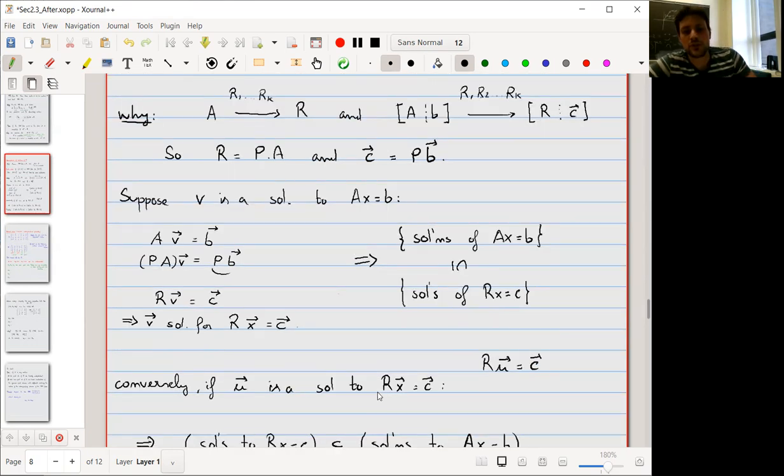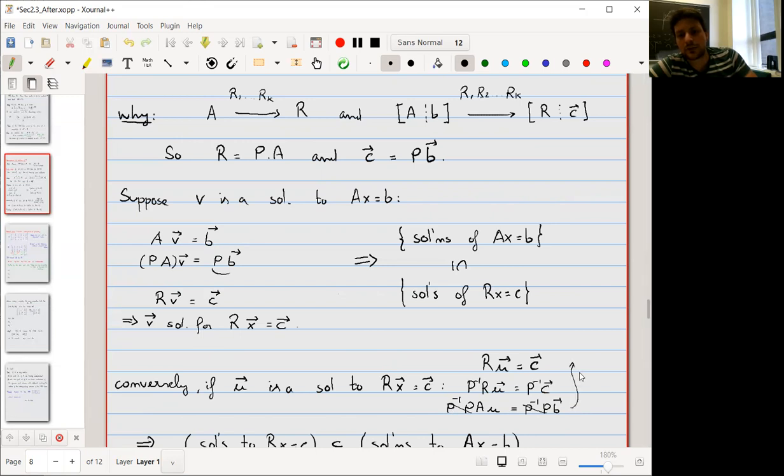We can also prove the converse. If we have a solution to RX equals C, let's call it U, I can apply P inverse to both sides of this equation, and I get P inverse of R, U, is equal to P inverse of C. But let's remember what R and C are. The matrix R is nothing but P times A, and the vector C is nothing but P times B. When I have P inverse times P, those become the identity.